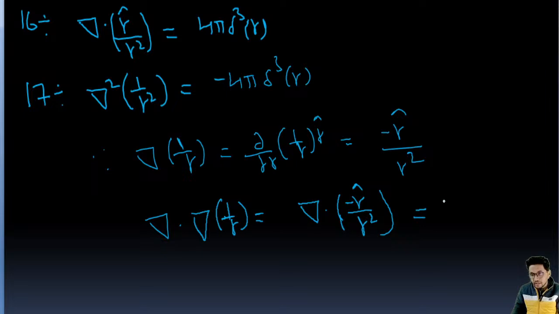Because we know the divergence of r cap upon r square is 4 pi del cube r, taking the minus common, this is minus 4 pi del cube r. Very important properties, guys, are 16 and 17.